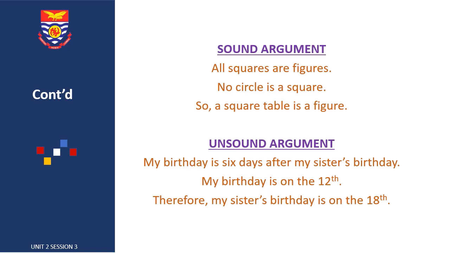You can see that the conclusion, which says so a square table is a figure, can be deduced from the first premise, especially because the first premise gives enough grounds to draw the conclusion that a square table is a figure. So this is a valid argument.